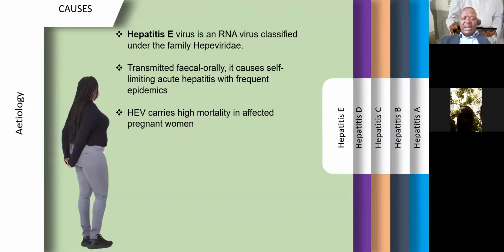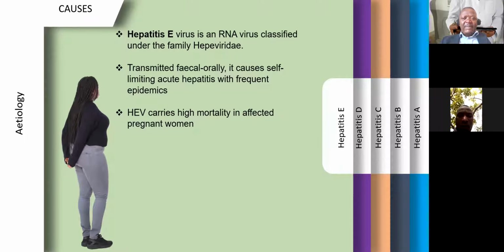The E is an RNA virus, so remember A, C, D, and E are RNA viruses, but B is a DNA virus, okay? E is an RNA virus classified under the family Hepeviridae. It is transmitted fecal-orally.